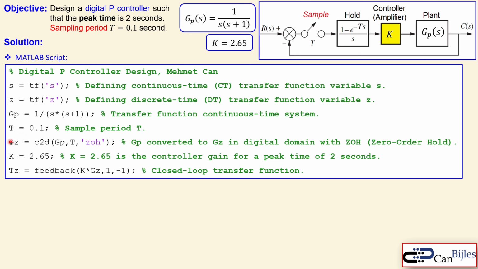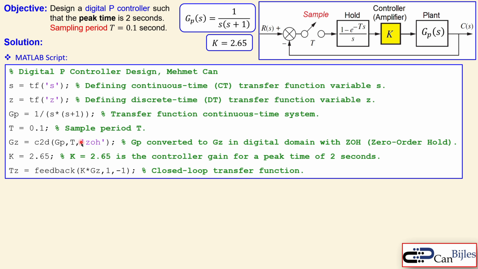And then this is the G(z) in the z domain, which is given here. That means continuous to discrete time transformation. The first entry is our plant, which you want to transform from s to the z domain. The second entry is our sampling period, which is 0.1.